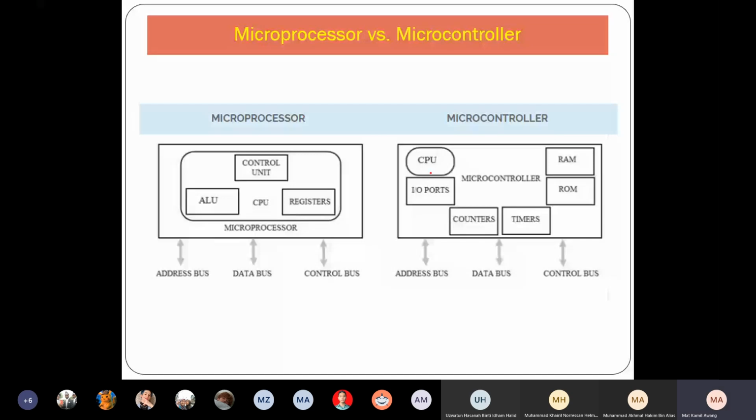This CPU is basically this part, which is inside here. Then it has I/O ports, counter, timer, ROM, and RAM. If it's a microprocessor, the I/O ports, the counter, the timer, RAM, and ROM are all outside. Whereas in the microcontroller, everything is in here. And that is the comparison.